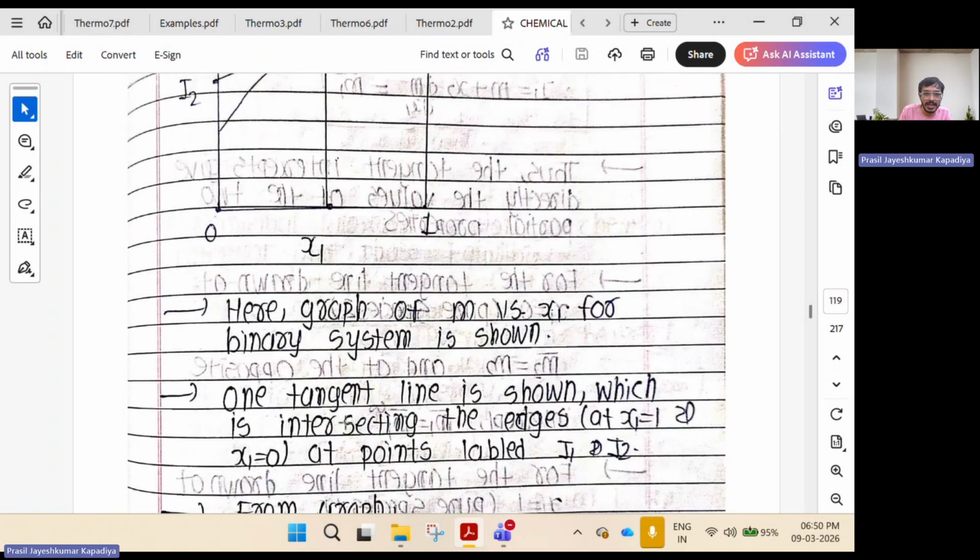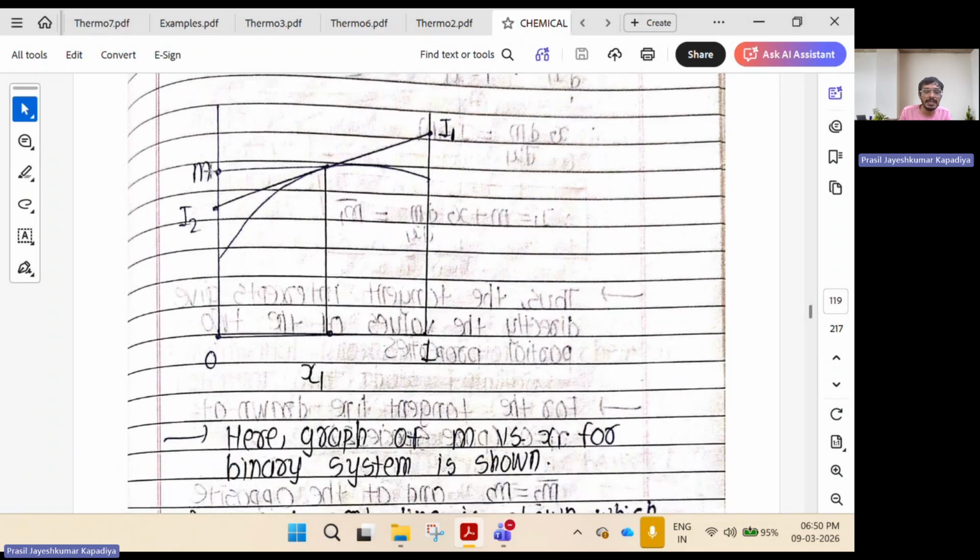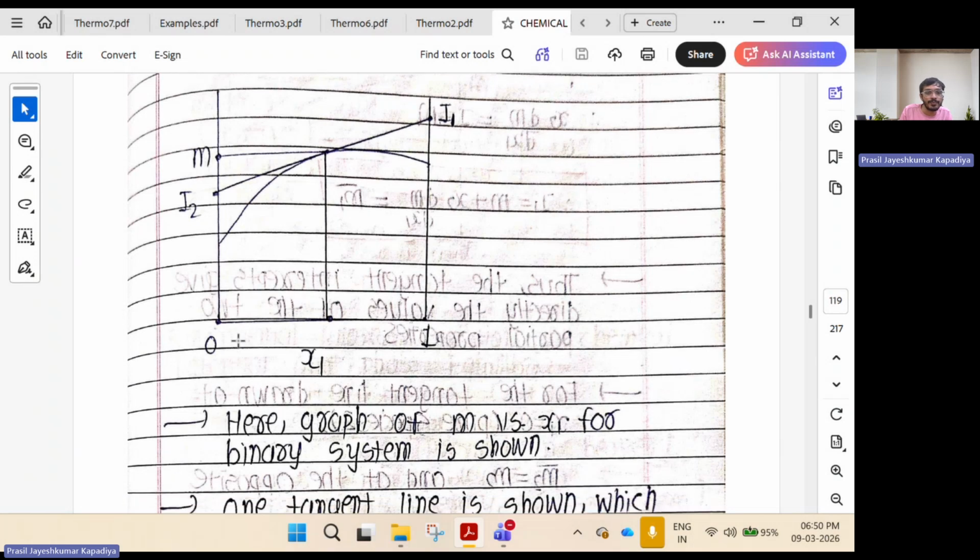So dm dx1 is equal to, I am calling this intercept I1 and this intercept I2. So I can write dm dx1 is equal to change in y divided by change in x. So what is my change in y? It is intersecting here, and corresponding to this is my total property m. So m minus I2 divided by x1 minus 0.